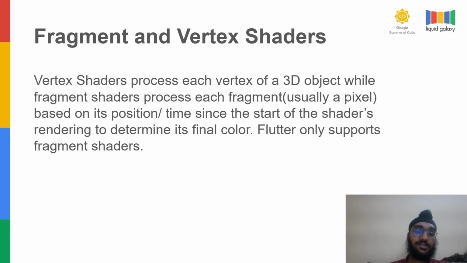Vertex shaders process each vertex of a 3D object, while fragment shaders process each fragment, which is usually a pixel, based on, say, its position or the time since the shader started rendering, to determine the color of the pixel. Throughout this presentation, we'll be focusing on fragment shaders only, because they are the only ones currently supported by Flutter.